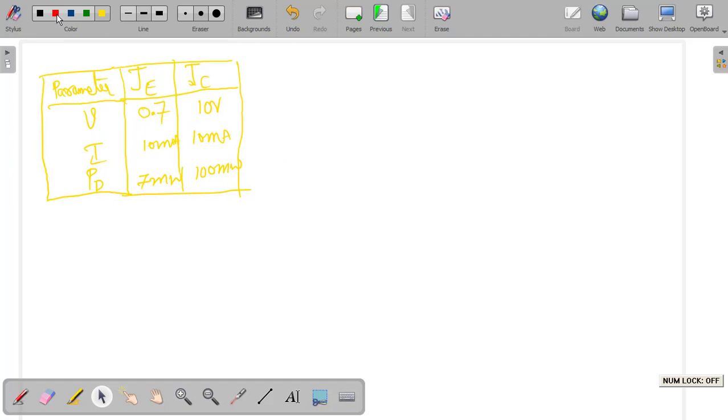Now, different modes of operation, very important. What are the different modes of operation of your BJT? Then we will draw the characteristic. Mode refers to nothing but how the two junctions are biased, which is forward bias, which is reverse bias, and when it is forward or reverse bias, how your operation will be.